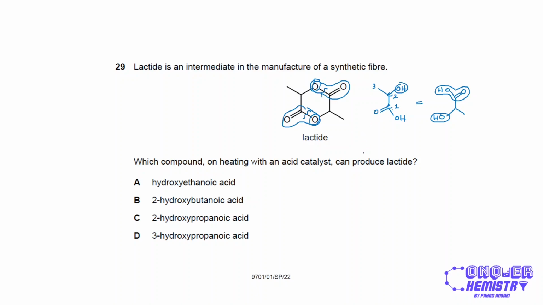Number 2 is bonded to OH, so this is going to be 2-hydroxy propanoic acid. Propanoic because this is the CO2H group speaking. Prop tells me there are 3 carbon atoms in the main branch, so I have 1, 2, and 3, right? This, by the way, is a CH3. And 2-hydroxy tells me that it's carbon atom number 2 over here that is bonded to the OH, the hydroxy side chain.